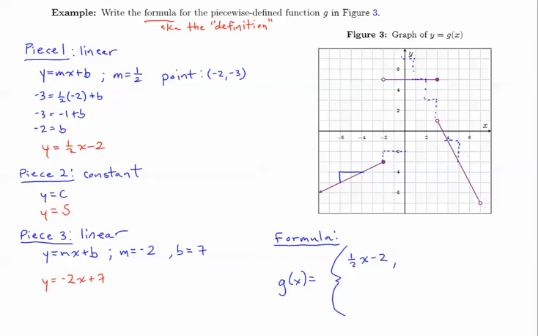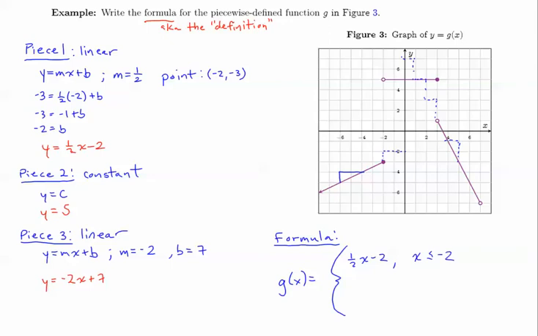Now, to figure out what values of x this is defined for, we'll again go back to our graph. As we can see here, this first piece goes from -2 and goes left, and at (-2, -3), that circle's filled in. So that means that this piece is defined for all values of x less than or equal to -2.